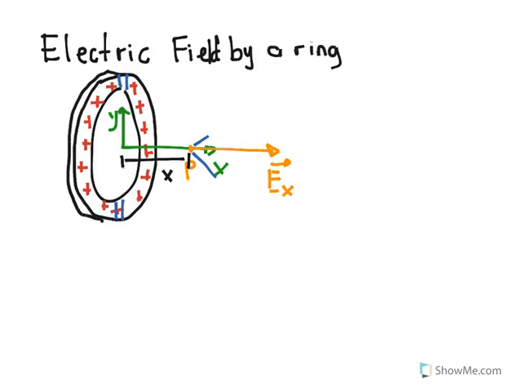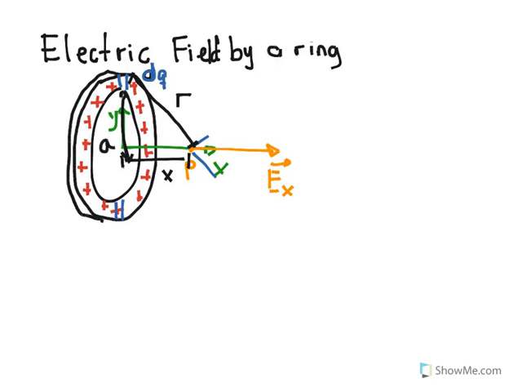The distance from any given point on the ring to the point where we are evaluating is going to be the radius, and we call this r. And we have the radius of the ring, which I am going to call a. So a is the radius of the ring. The distance r is the radial distance from the point of charge to the point where we're evaluating the electric field, and this is an amount dq.